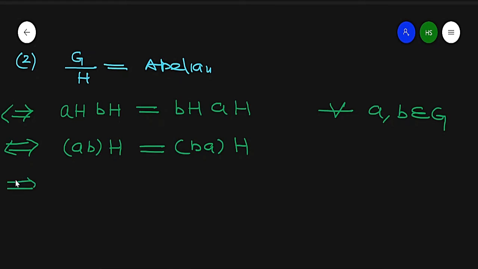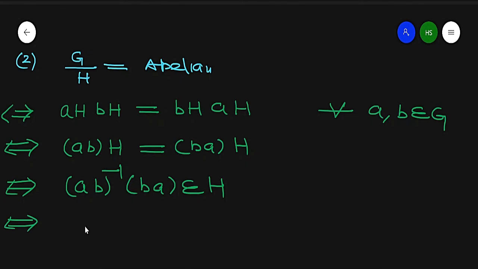And if and only if this value can be written as a inverse b inverse into ba belongs to H. So what does it mean?